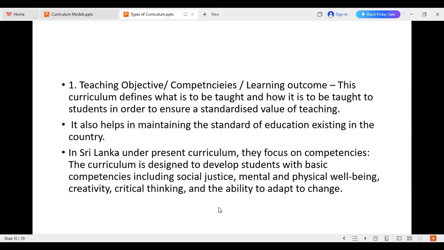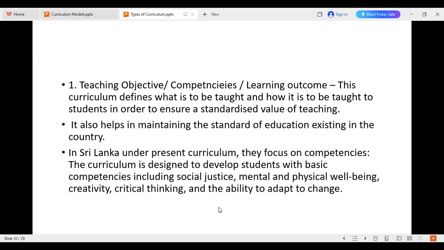They can take some area to teach in 40 or 50 minutes. The teaching method they can decide. Teaching resources also they can decide.